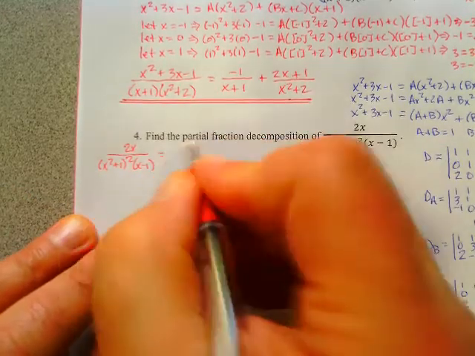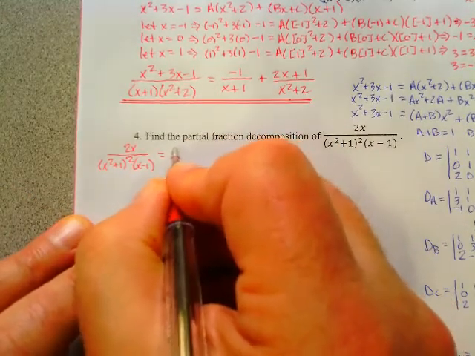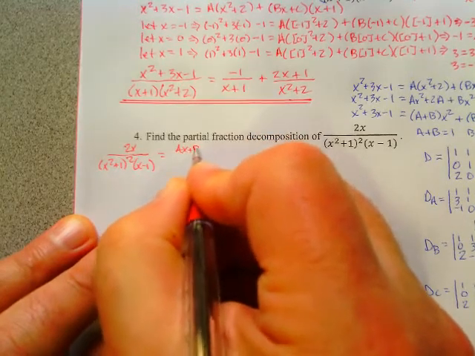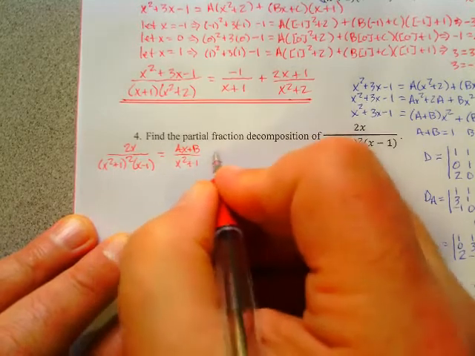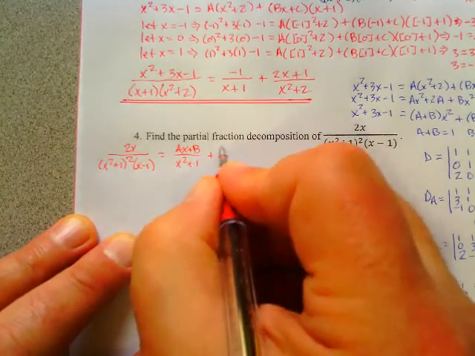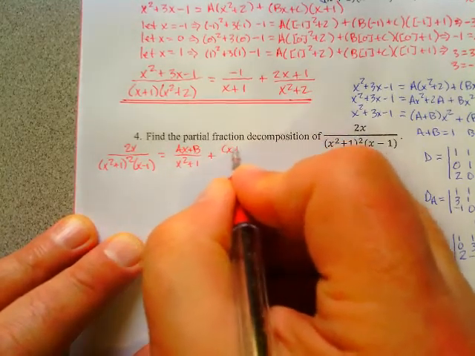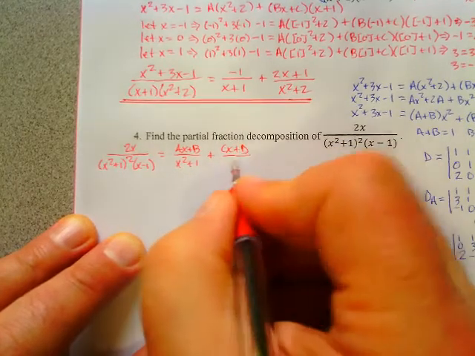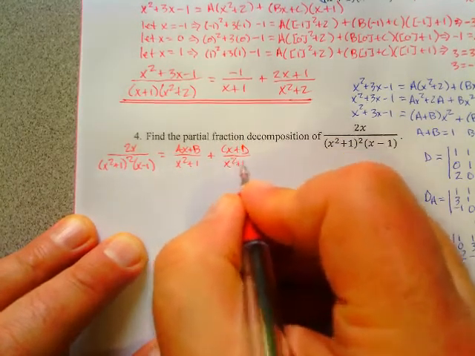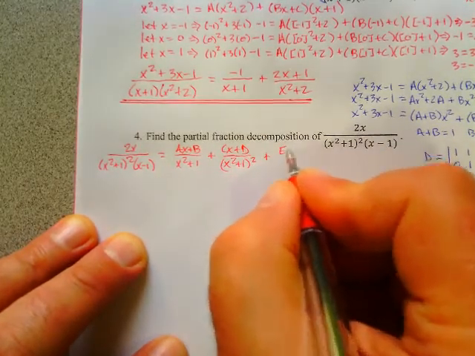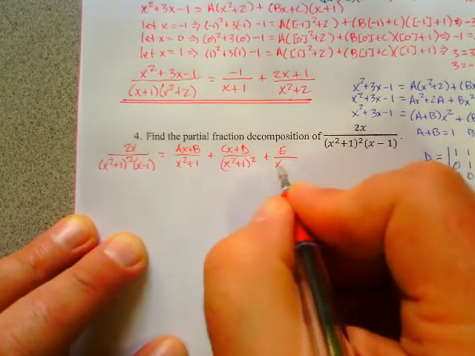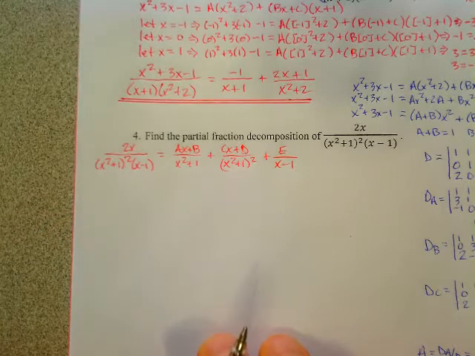And so that's going to decompose into ax plus b over x squared plus 1, plus cx plus d over x squared plus 1 squared, and then we have an e over x minus 1. So those are going to be our three partial fractions.